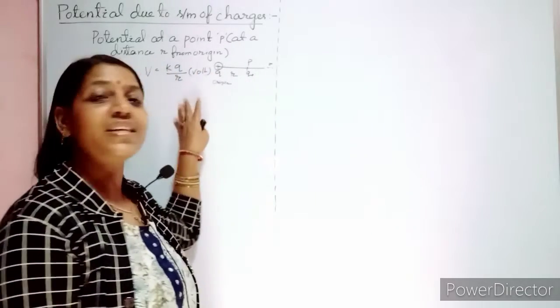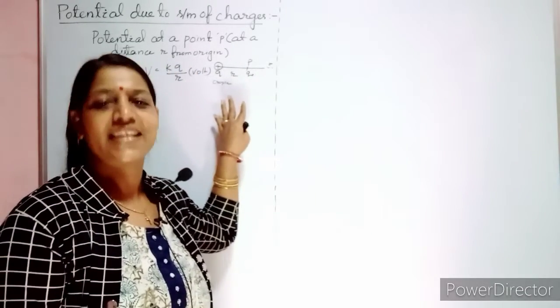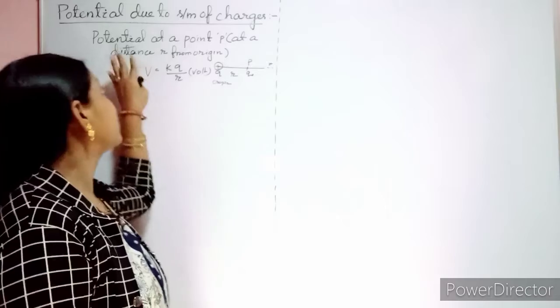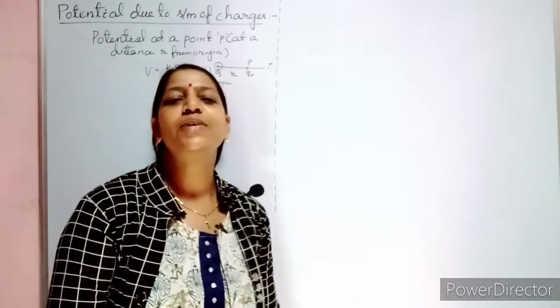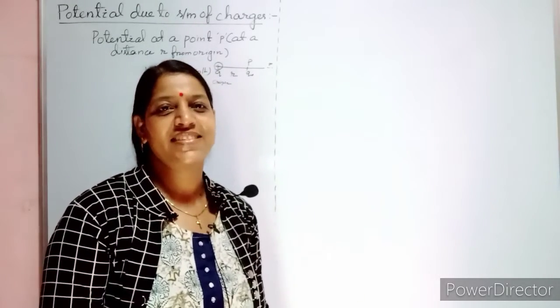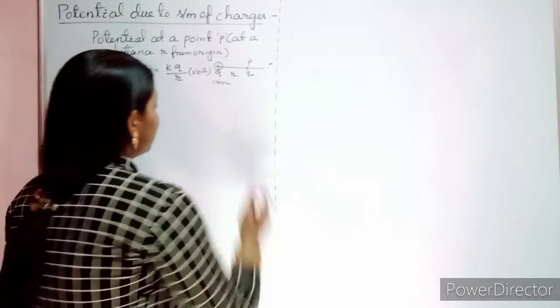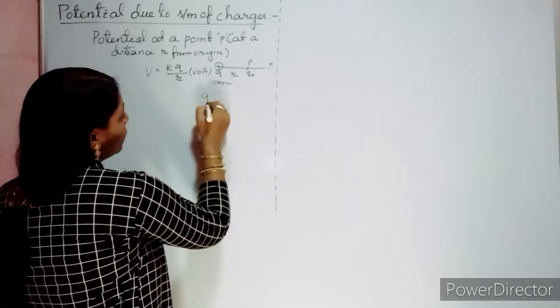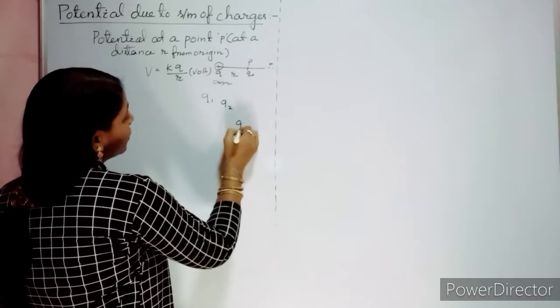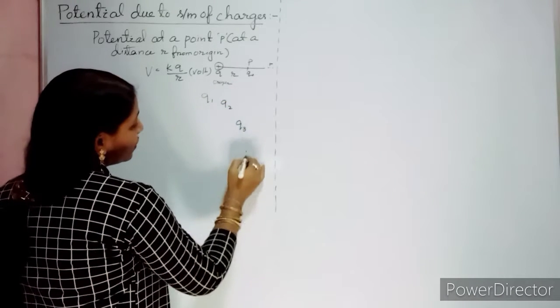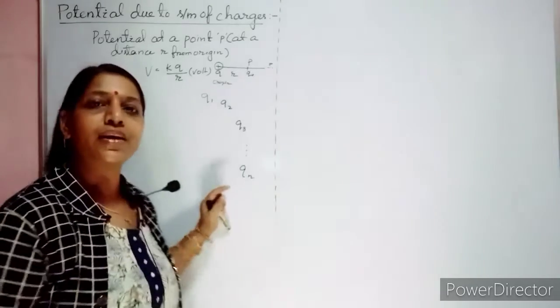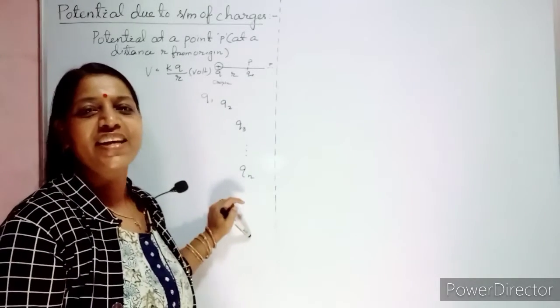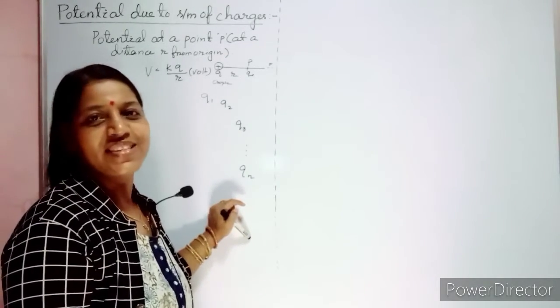Now, based on this formula and this concept, we are going to derive the electric potential due to a system of charges. Now let us see. For example, you are taking Q1, Q2, Q3 up to Qn number of charges. These are your multiple number of charges.